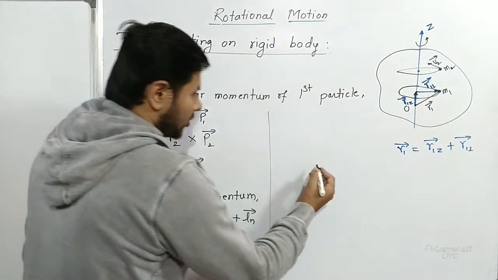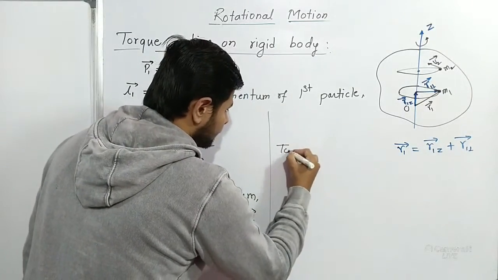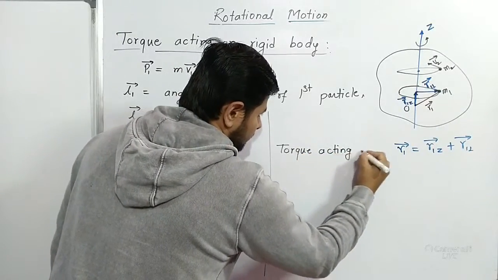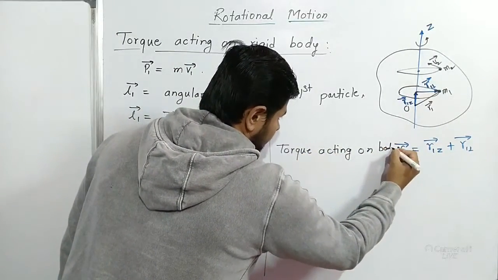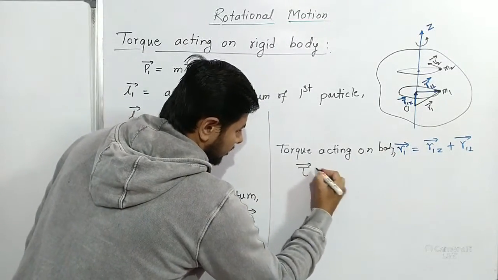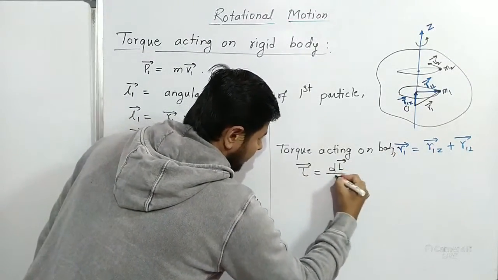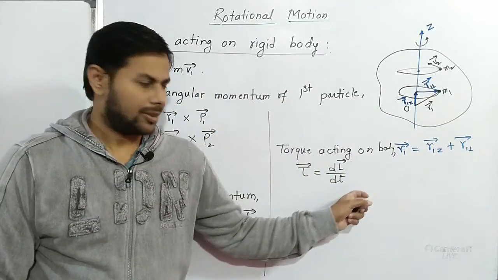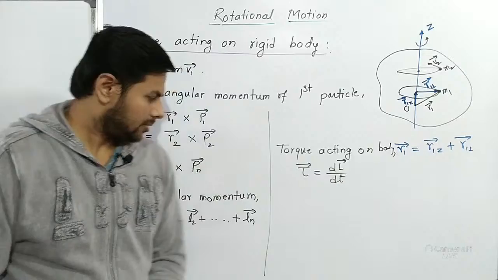The torque tau is dL bar by dt, the rate of change of angular momentum with respect to time.